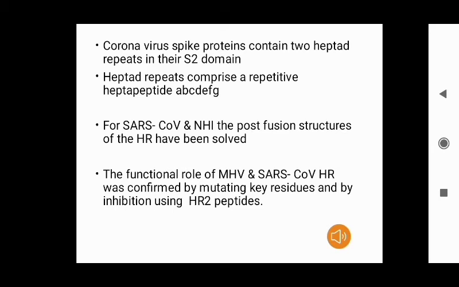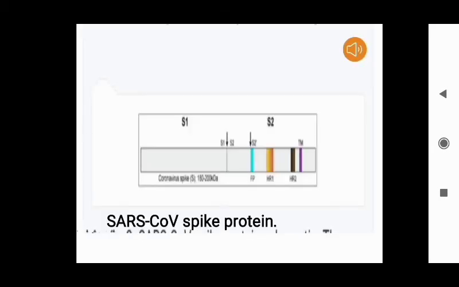This is the diagram of SARS-CoV spike protein. The spike protein ectodomain consists of S1 and S2, as here it is shown in the diagram. The S1 domain contains the receptor binding domain and is responsible for recognition and binding to the host cell receptor.